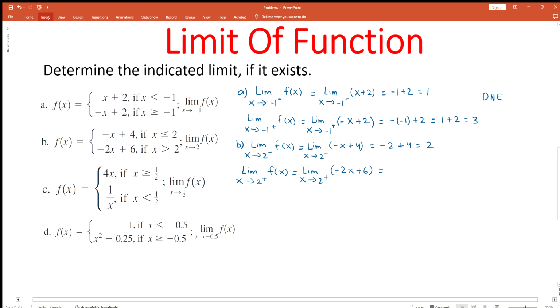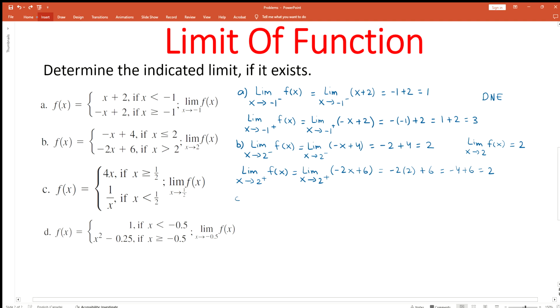We should sub in x as 2. I get 2. The right-hand limit is equal to 2. Since the left-hand limit is equal to right-hand limit, for part B, we can conclude that limit x approaches 2 for f at x is equal to 2. This should be the final answer for part B.